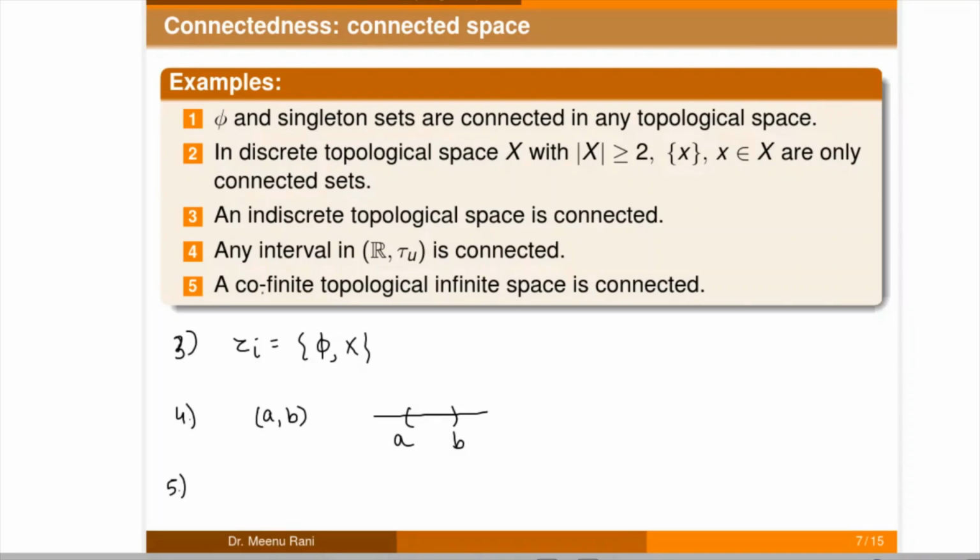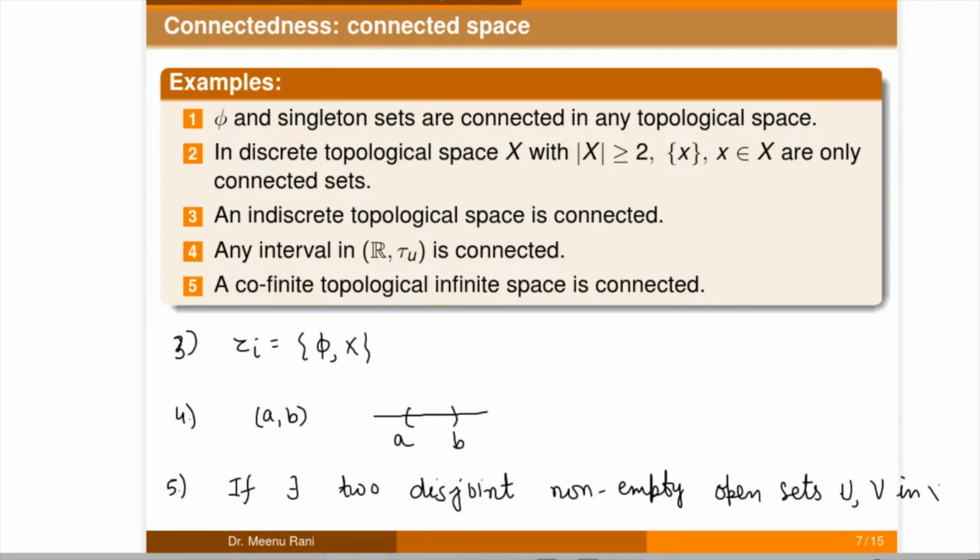And we know that in the cofinite topological space which is an infinite space, X cannot be written as a union of two disjoint open sets, because if there exist two disjoint non-empty open sets, let us take U and V, then these sets are disjoint, so U intersection V is empty.